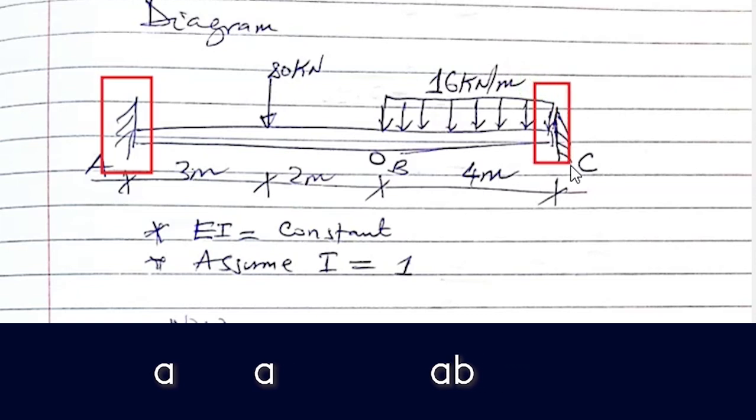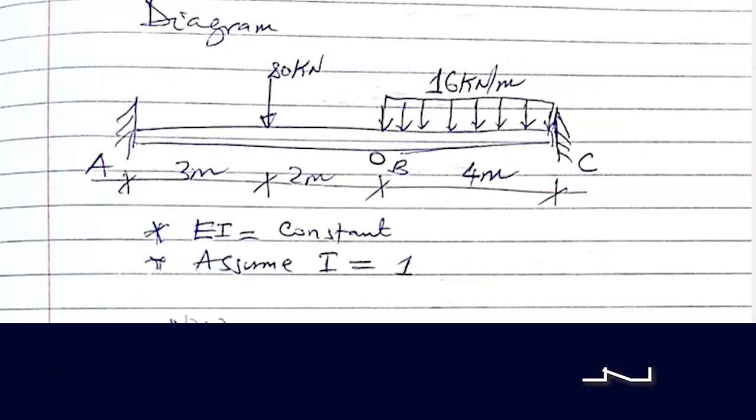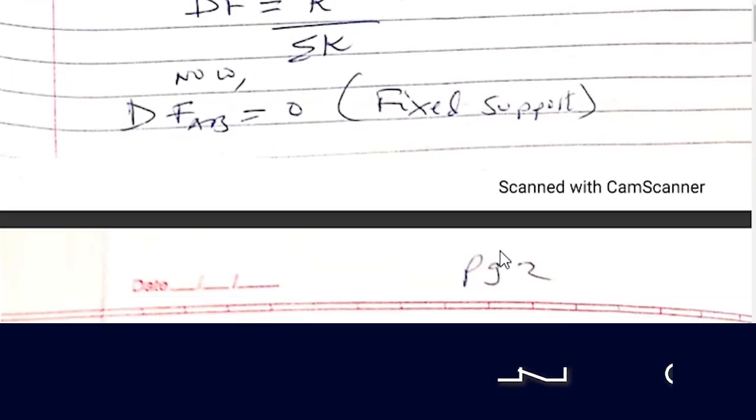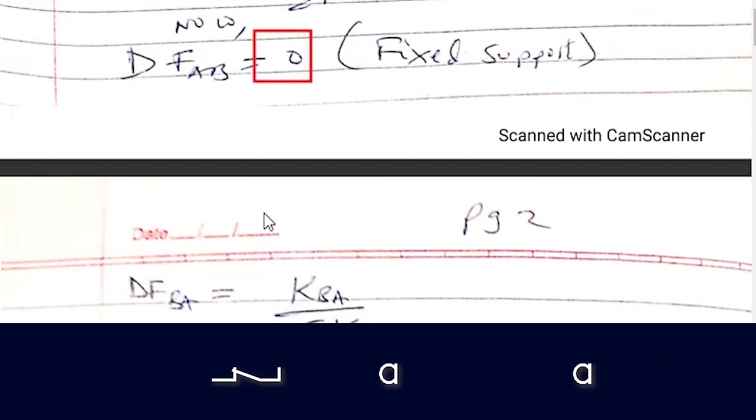The same applies here, the distribution factor is 0, which is a fixed support. So the distribution factor at support AB is equal to 0, which is the distribution factor for the left hand side.